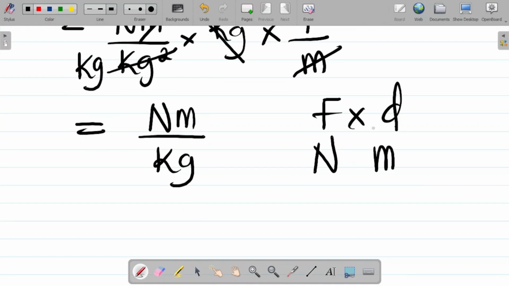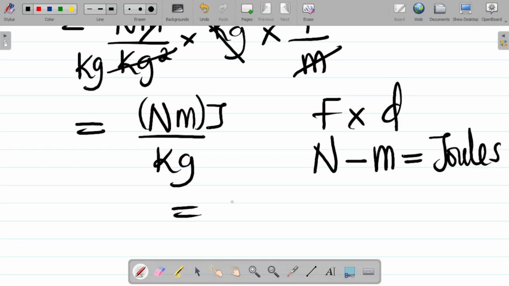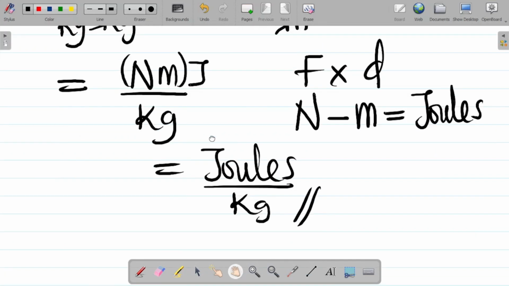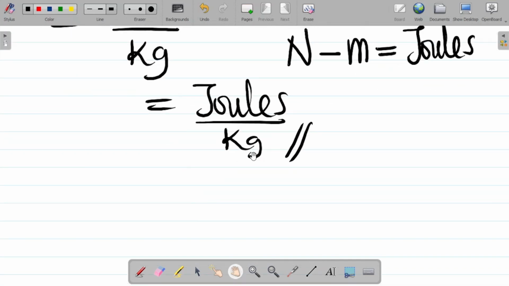So force times distance becomes Newton times meters, and work done is measured in joules. So it means that Newton meter is the same thing as joules. So we are now having joules per kilogram. Basically, this is how we get the SI unit of gravitational potential as joules per kilogram.